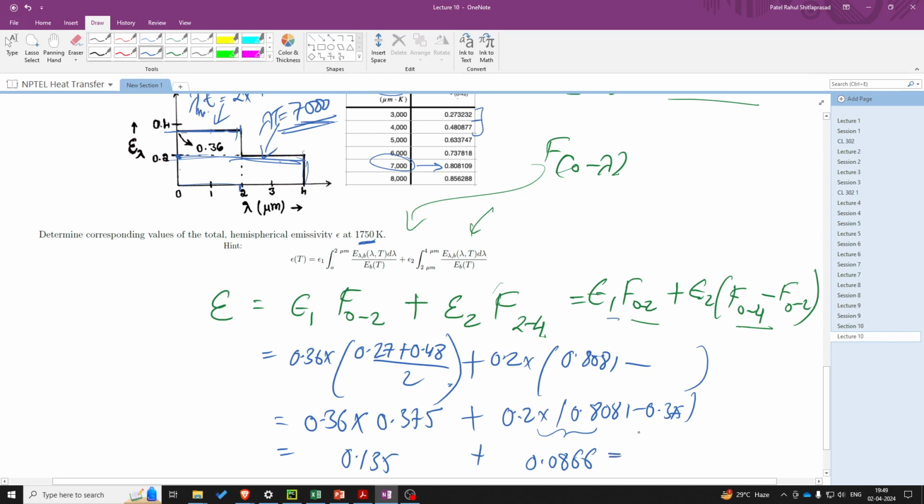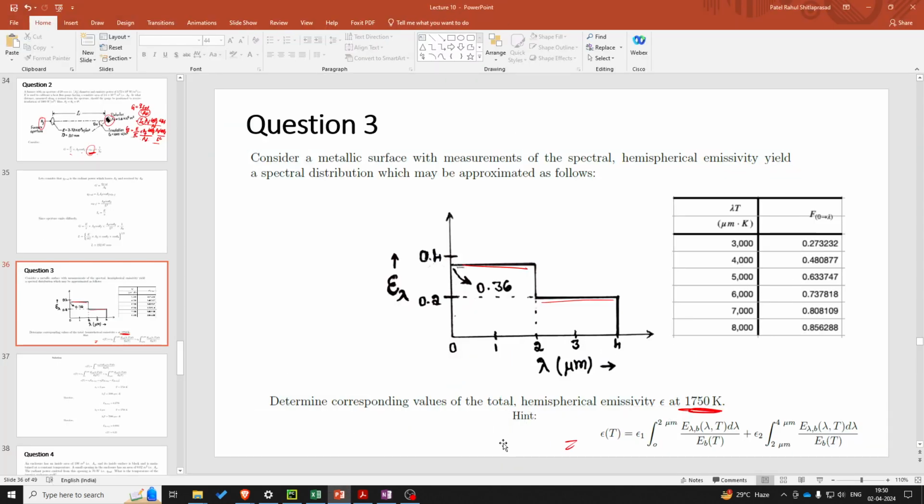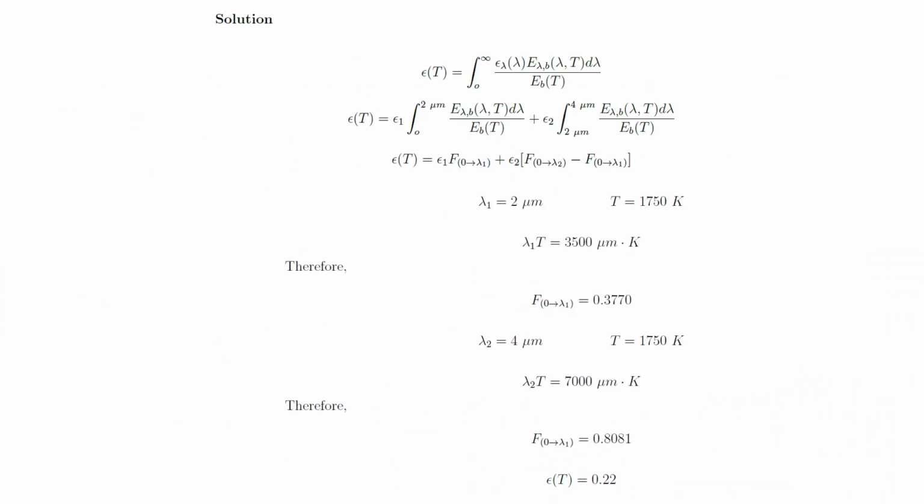So this will come around 0.2216. So the total hemispherical emissivity at 1750 Kelvin, if we use the spectral distribution, is around 0.2216. So yes, that is what was asked in the question, and that is our final solution. You can again take a look at the solution.